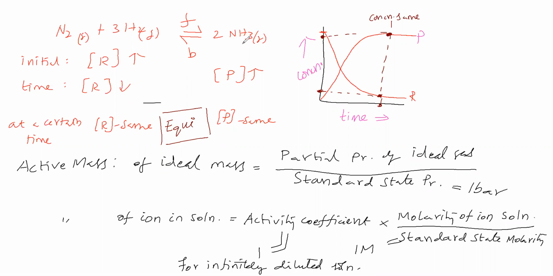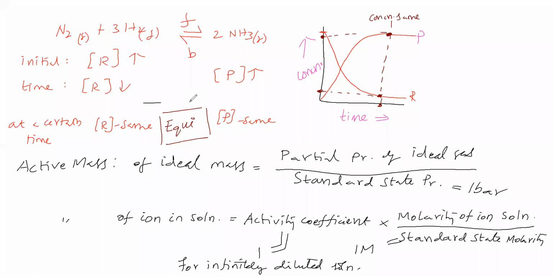We wanted to prepare ammonia, so we took N2 and H2 and provided the necessary conditions. We want forward, therefore we are allowing forward. But automatically backward is also taking place. That's why we are getting equilibrium.